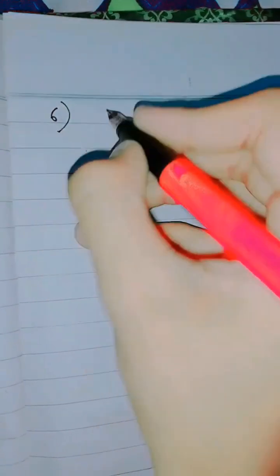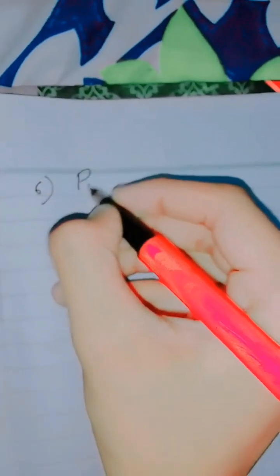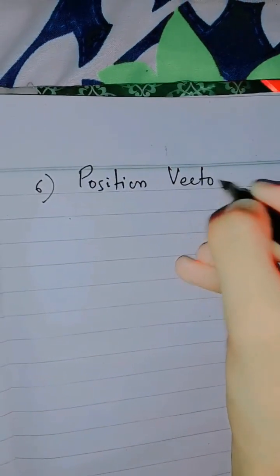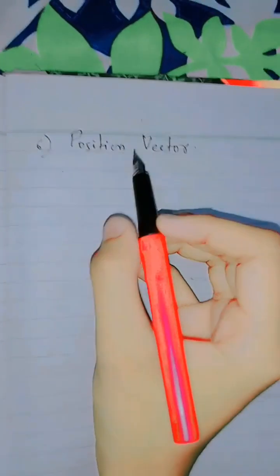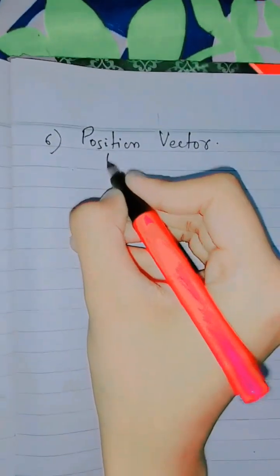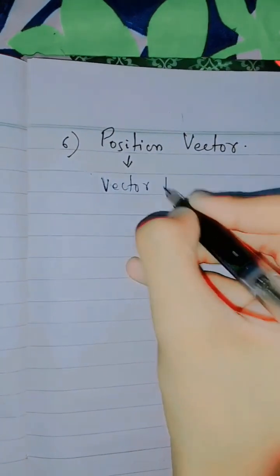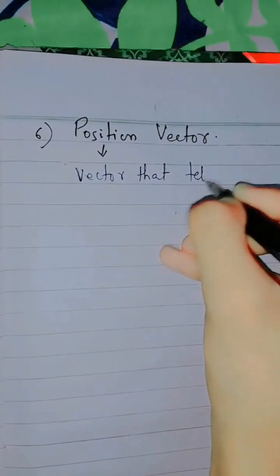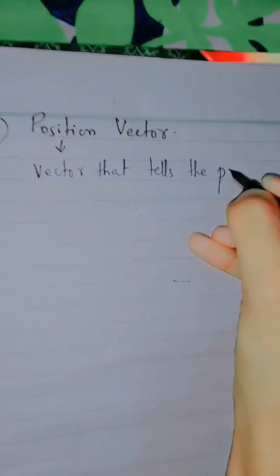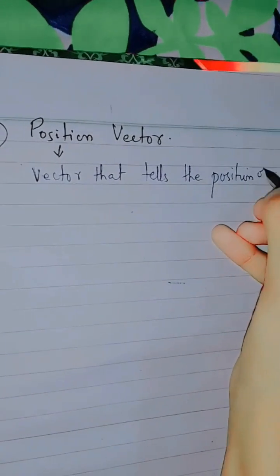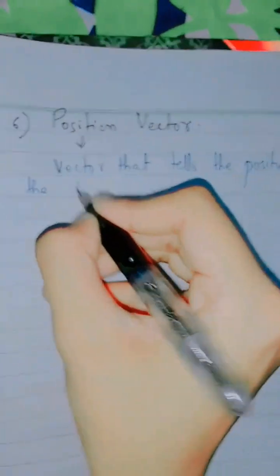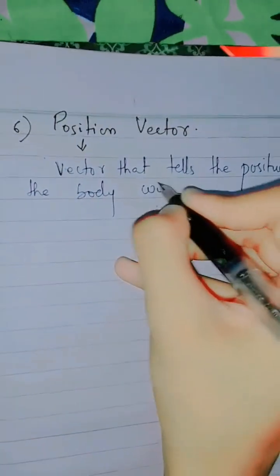Continuing the types of vector. Starting with the sixth type, that is position vector. Position vector is basically the vector that tells the position of the body with respect to its origin.